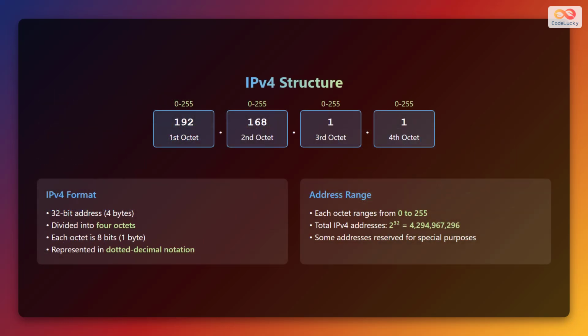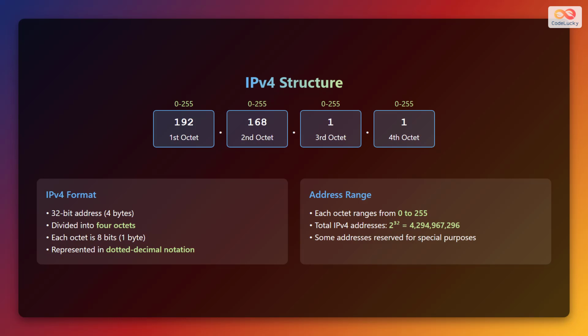Now let's take a closer look at the structure of an IP version 4 address. As we have already seen, an IP version 4 address is a 32-bit address, which is equivalent to 4 bytes. Each byte is called an octet. So an IP version 4 address is divided into 4 octets.